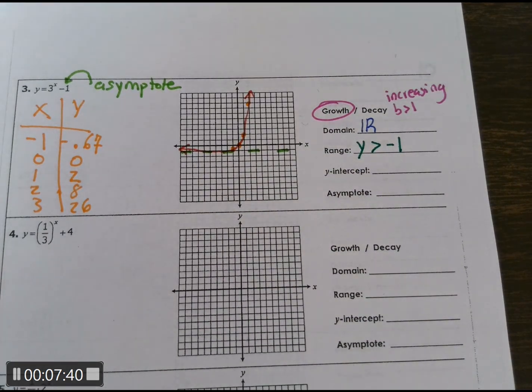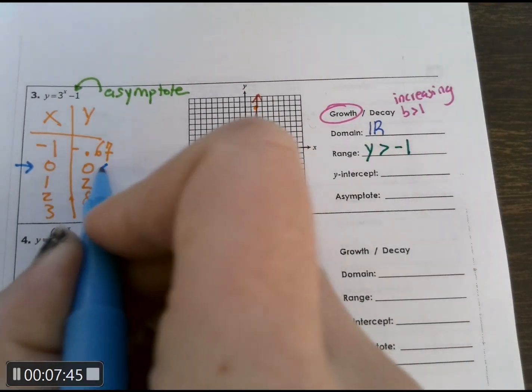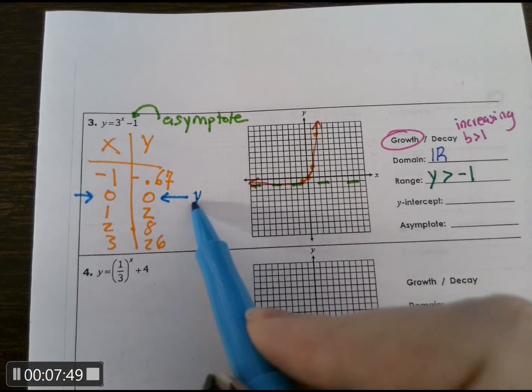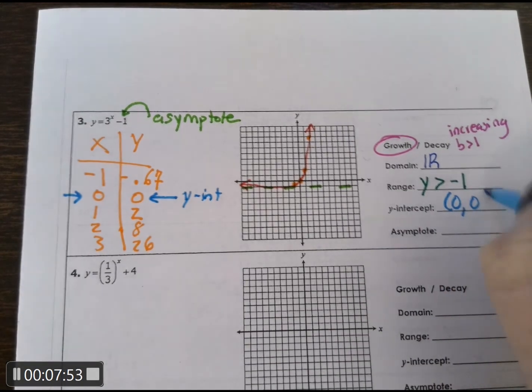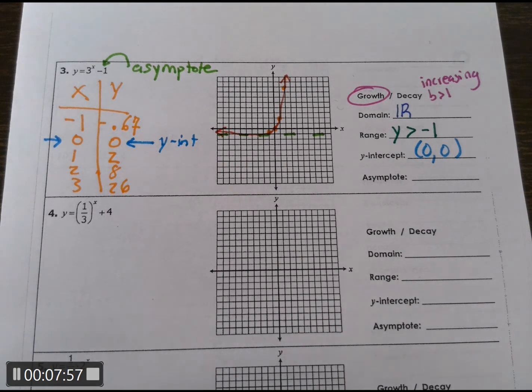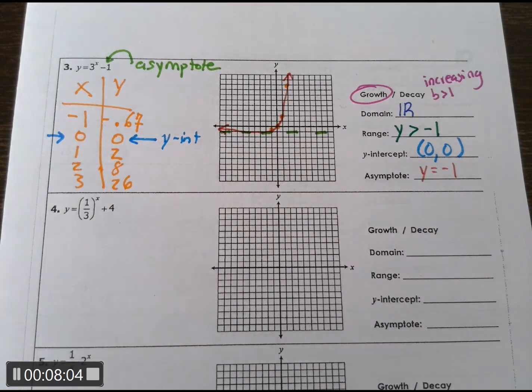What's my y-intercept? This time it's 0. Oops, my hand's in the way again. Alrighty. And then we said our asymptote was -1. So y equals -1.